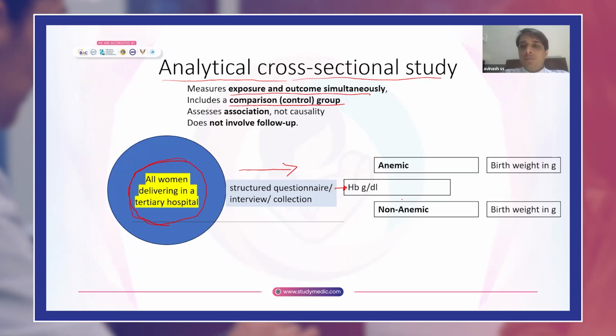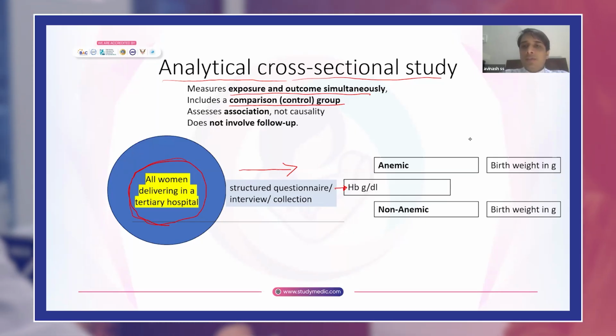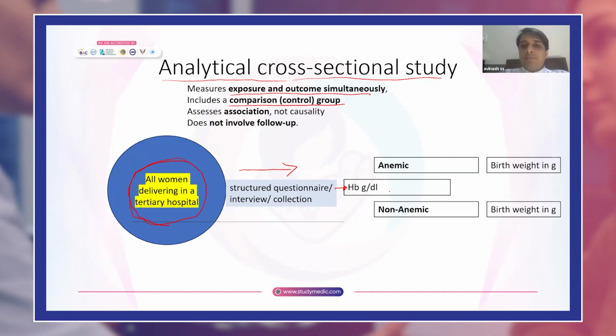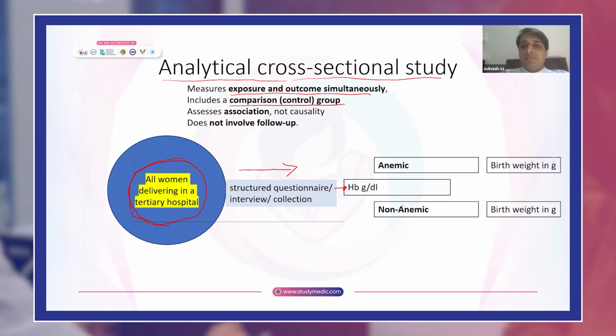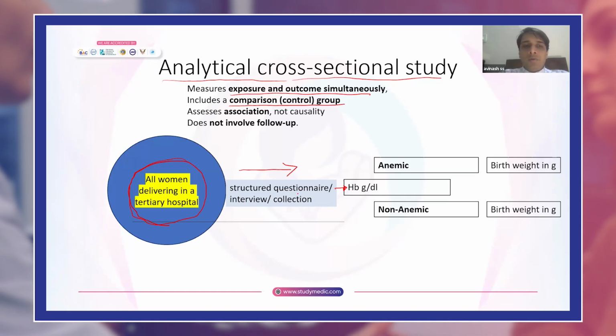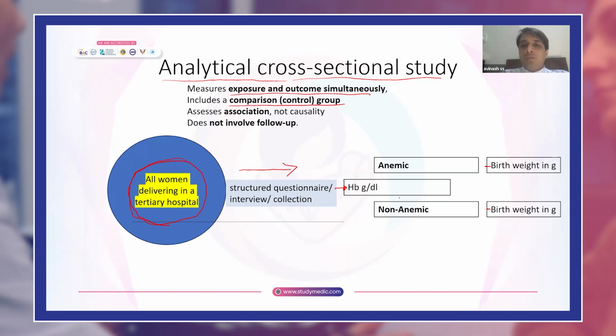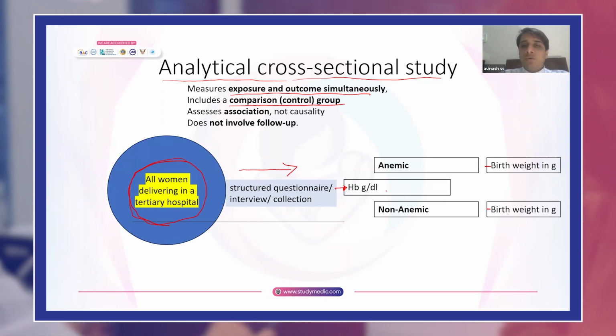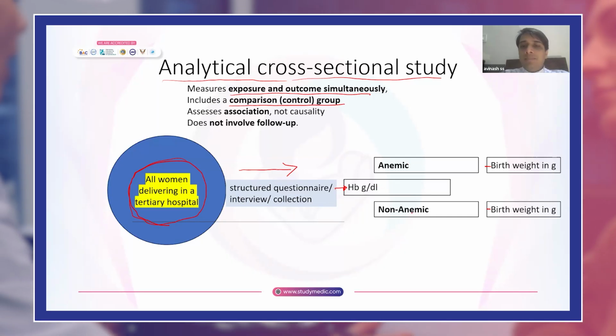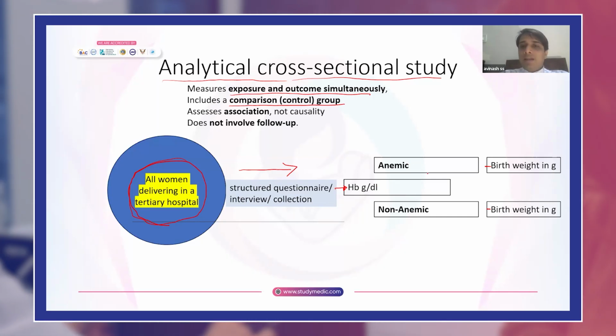Then what we do with this hemoglobin value is classify them based on whether they are anemic or not anemic. In the same women reporting to this tertiary care hospital, we also collect the birth weight. After collection of the hemoglobin levels and the birth weight, we divide them into anemic and non-anemic, and in them we compare the birth weight.